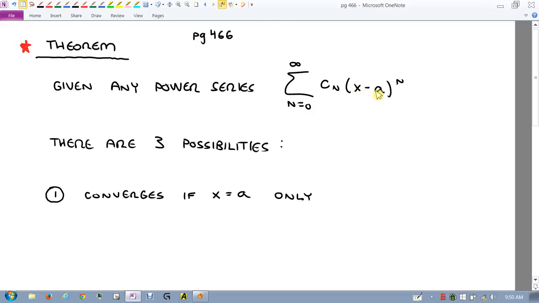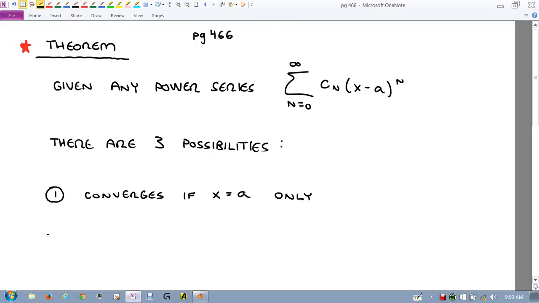If x is a, what's this? 0, and this is just everything 0, so you're adding up 0 forever, right? What's 0 plus 0 forever? 0. That is finite, right? That converges to the number 0. So if x is a, it converges. The theorem is saying that's one possibility, and if that happens, that's the only thing that can happen. The other 2 things can't happen.